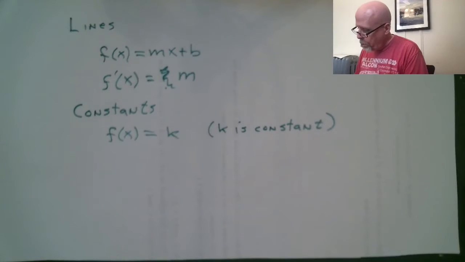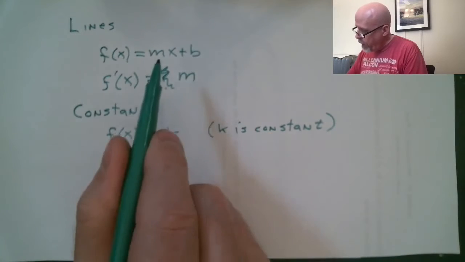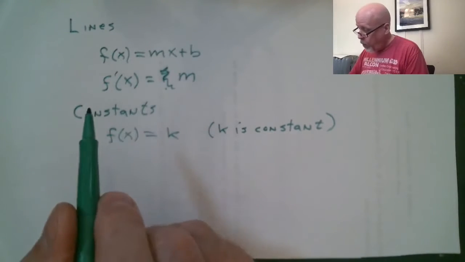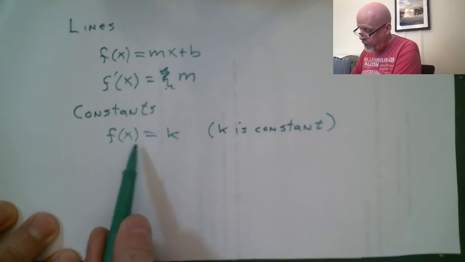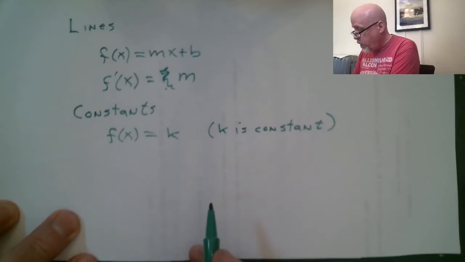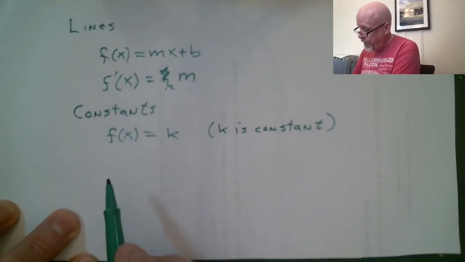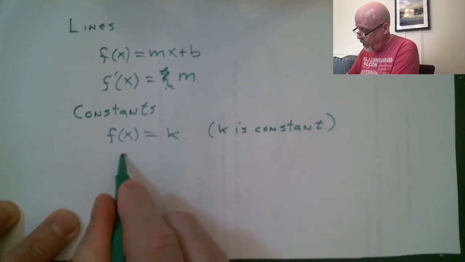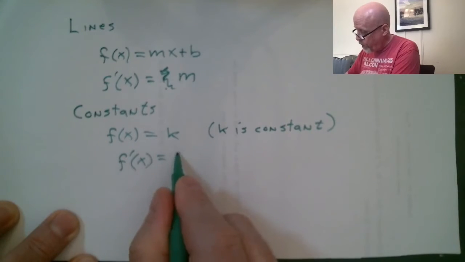Well, then that's like a line, isn't it, where the b is k and the slope is 0. The horizontal line has slope 0. Setting f of x equal to a constant, its graph would be a horizontal line. Well, what's the derivative of that? It's the same answer. You take the slope, but the slope was 0. So here f prime of x is a constant function that's always 0.